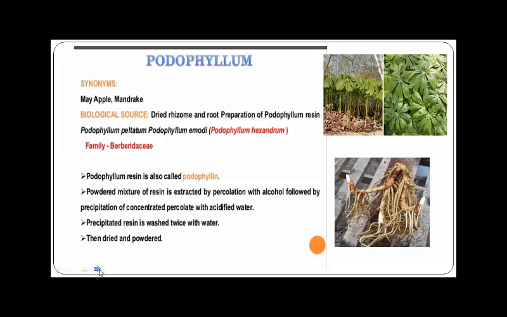And how is it prepared? The powdered mixture of resin is extracted by percolation with alcohol, which is followed by precipitation of the concentrated percolate with acidified water. Now the precipitated resin is washed with water twice and then dried and again powdered.